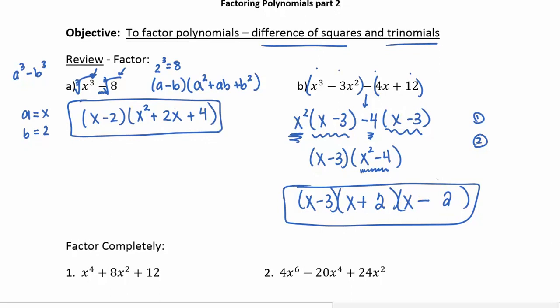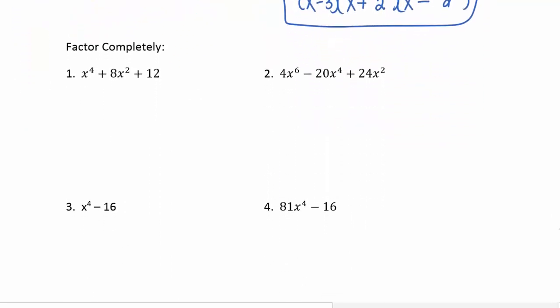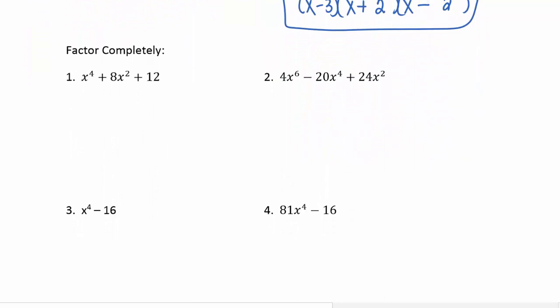We are going to use this idea of a difference of squares as we move forward today. We're going to do trinomials first. Trinomials have 3 terms, because tri is 3, like a tricycle. We're going to factor it just like we factored before. So I have x to the 4th plus 8x squared plus 12.